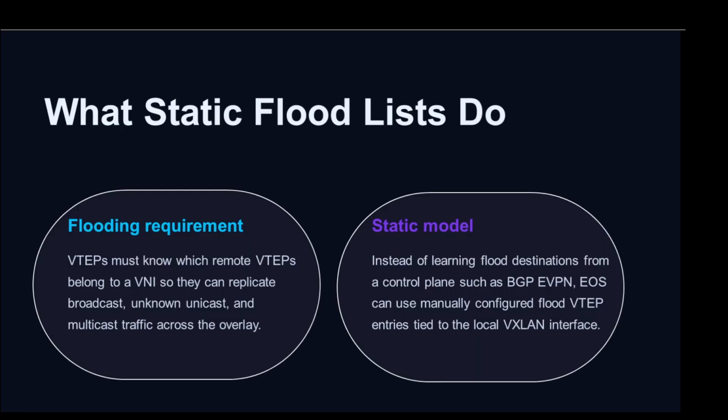So what exactly is static flood list and what does it do? First of all, the VTEPs need to know each other in order to send unknown traffic like ARP requests to learn the attached MAC addresses on those segments.